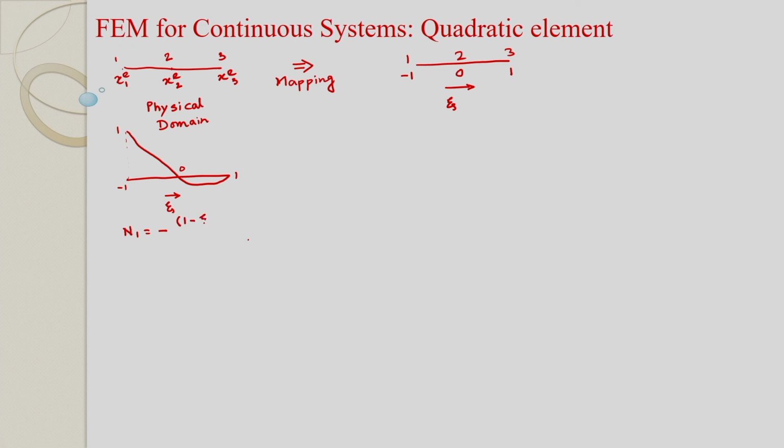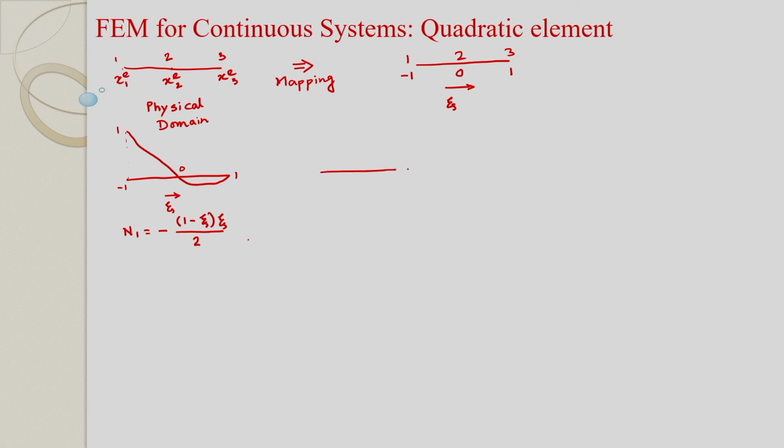If we write this quadratic expression, then you can see for xi equal to -1, N1 is 1 and it is 0 for xi equal to 0 and xi equal to 1. If you plot this, this will be this continuous function.